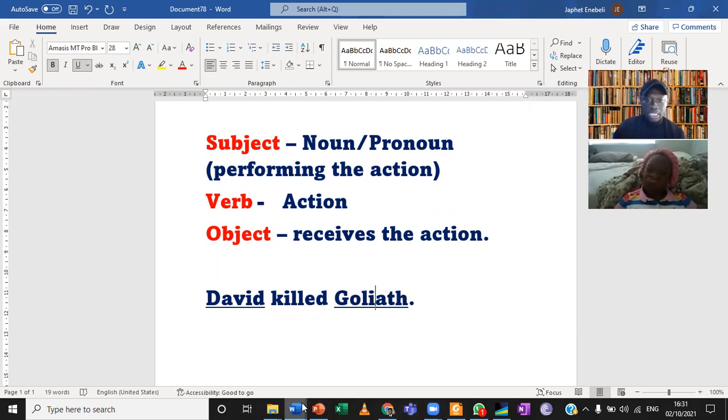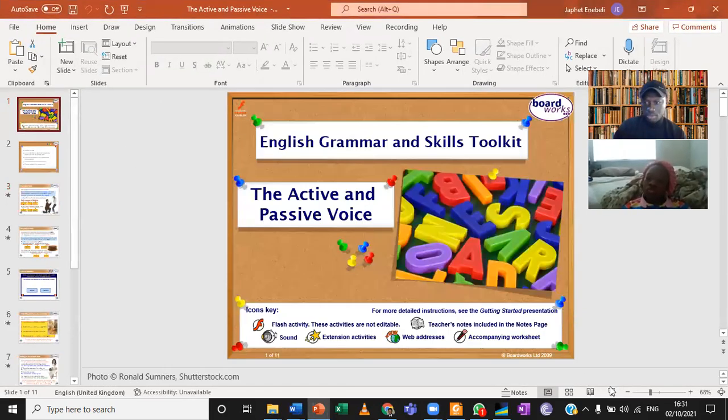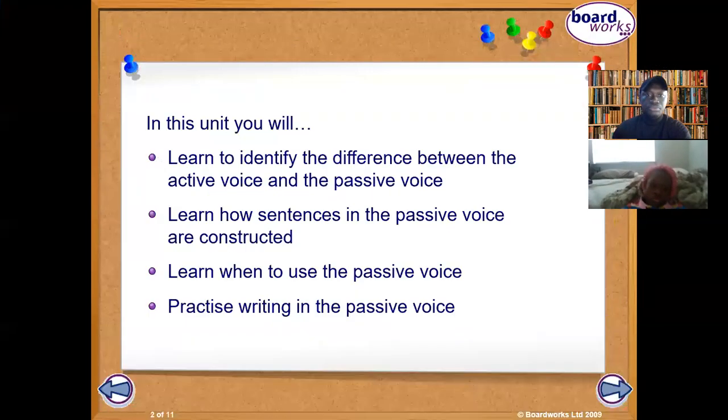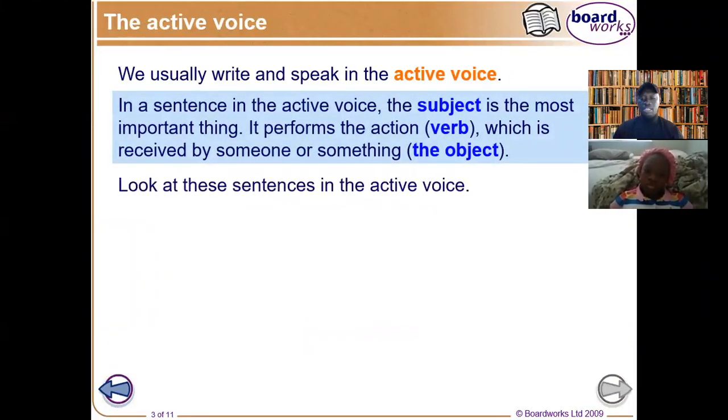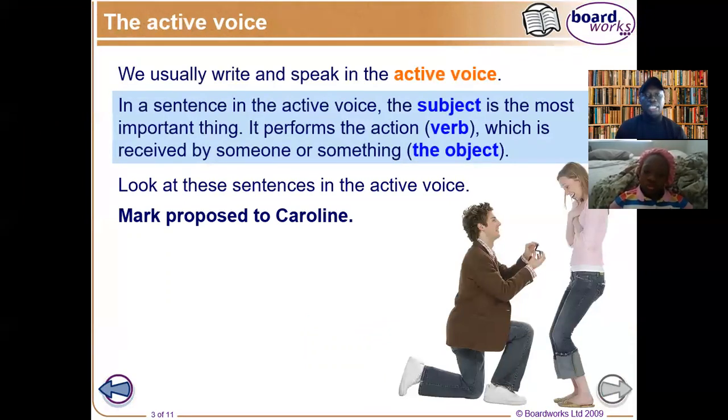Now, passive voice. Good. Passive voice is when the subject in your sentence is placed at the beginning and it performs the action in the sentence. Now, note this, for active voice, the subject must be at the beginning of the sentence, okay? Yes.